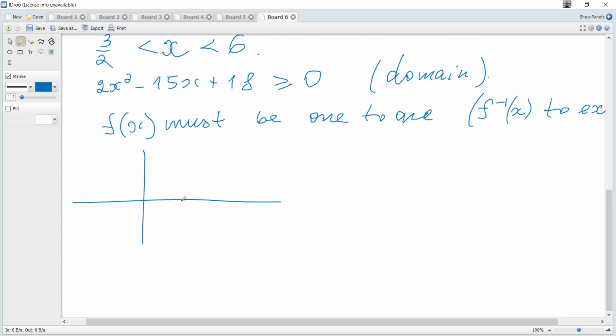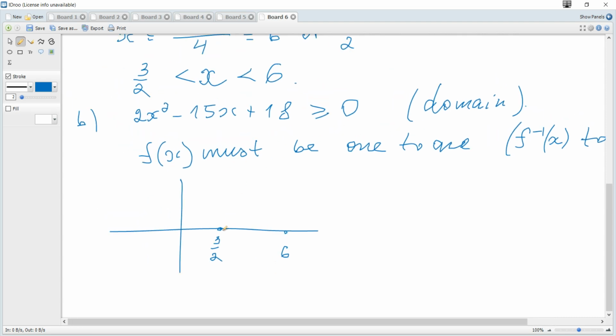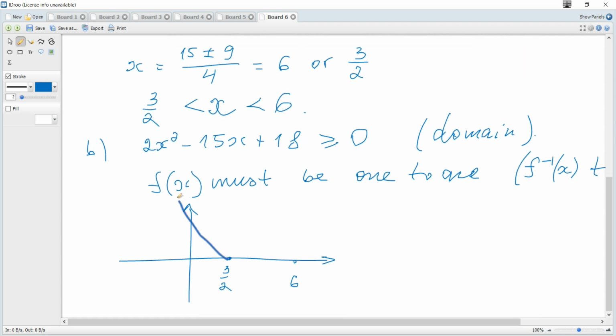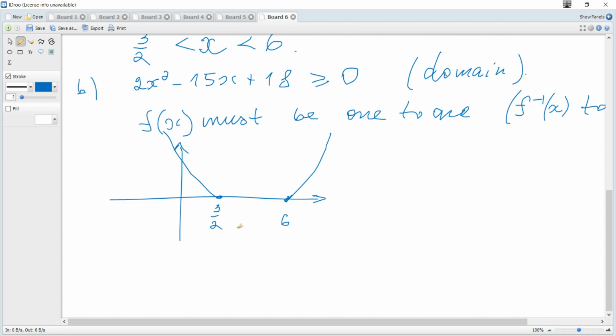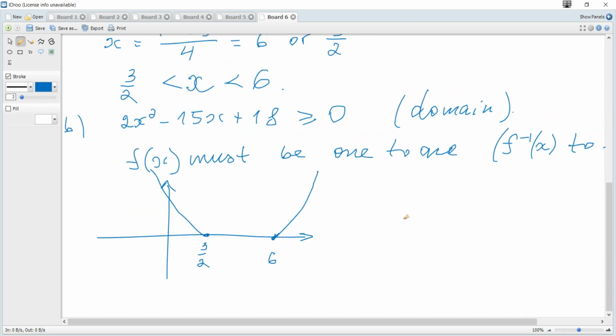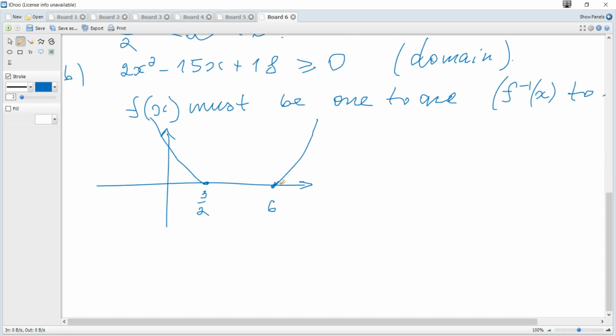From the previous result, roots are 3 over 2 and 6, and due to domain, the y values of the function must be greater than or equal to 0, so we should choose these parts, because from 3 over 2 to 6 y values are negative, but here we need them to be positive. And for the function to be 1 to 1, it means always increasing or decreasing, for the inverse to exist.